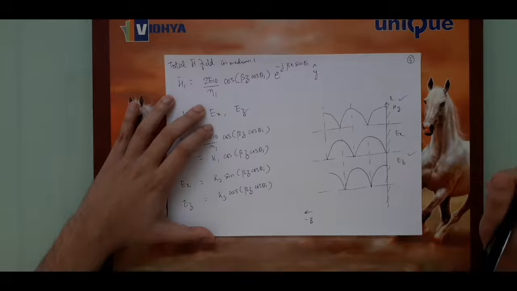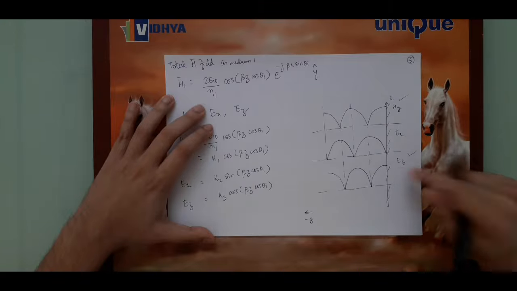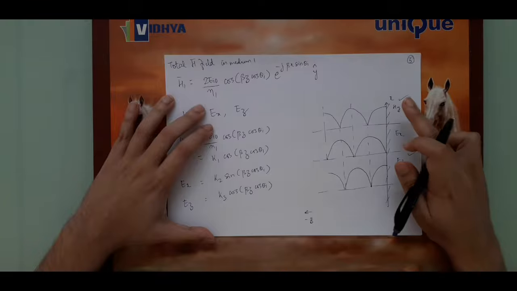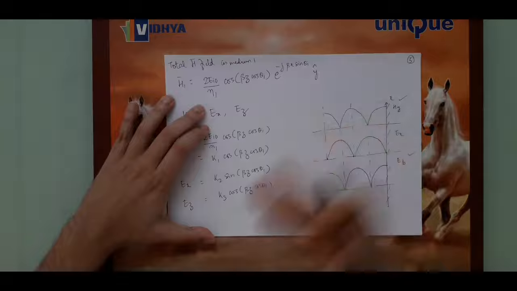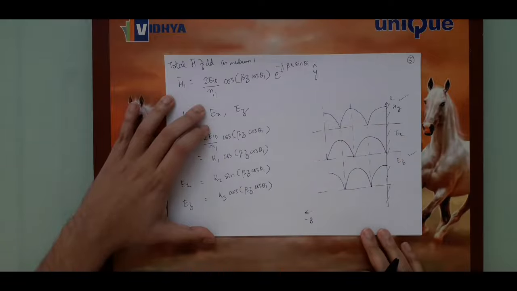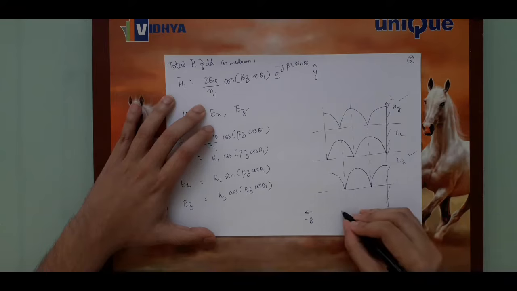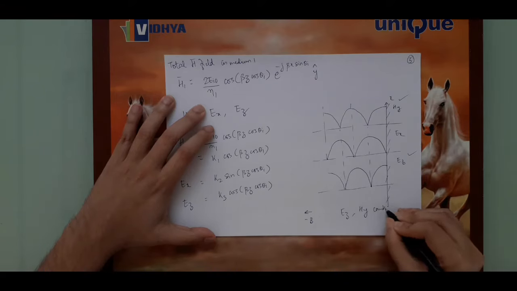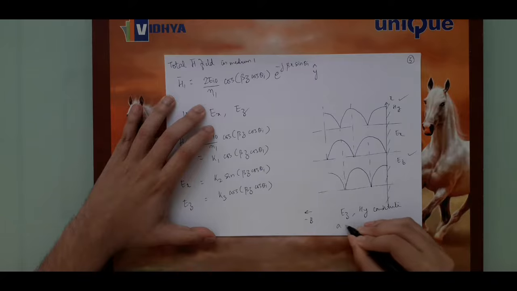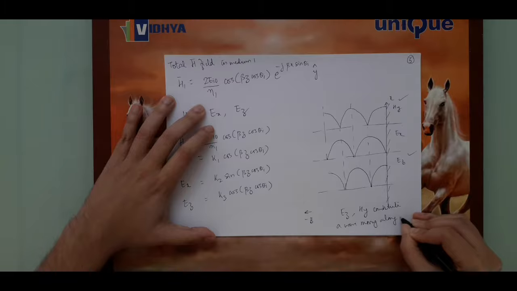So this is the normal component of the field on the boundary, and this will give rise to surface charges. And Hy is the tangential magnetic field which will make those surface charges move as surface current. So effectively Ez and Hy constitute a wave moving along plus x.